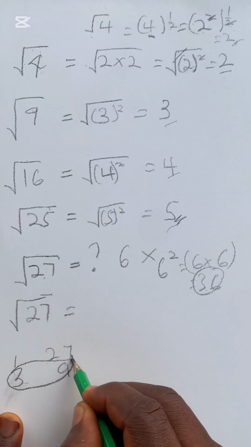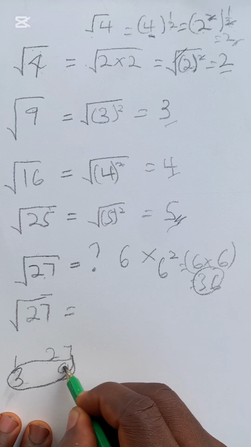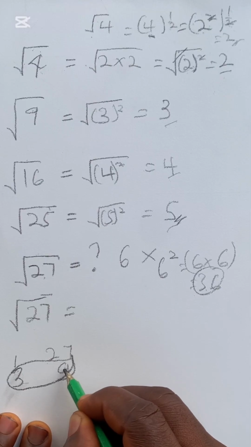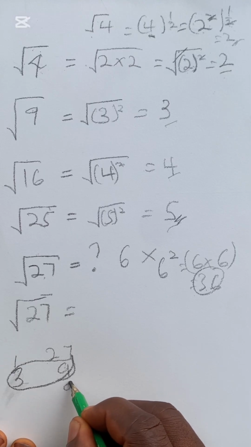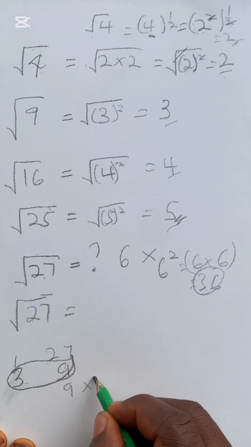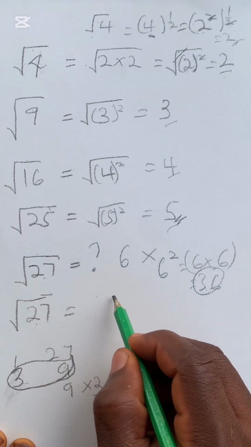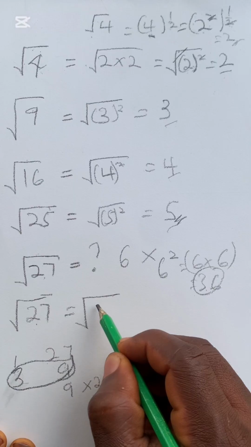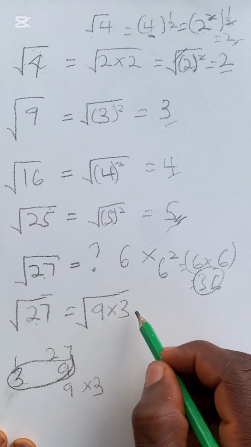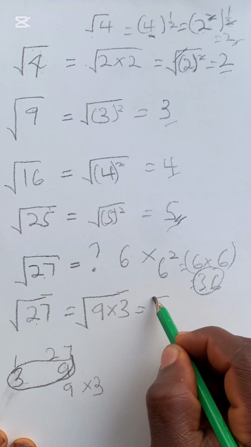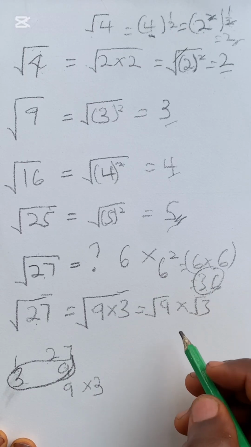In these two numbers, 3 and 9, one of them is a perfect square number. It's 9. So you take the 9 as the perfect square number, and the other number to replace 27. So it is 9 times 3. 9 times 3 can be written as root of 9 times root of 3.